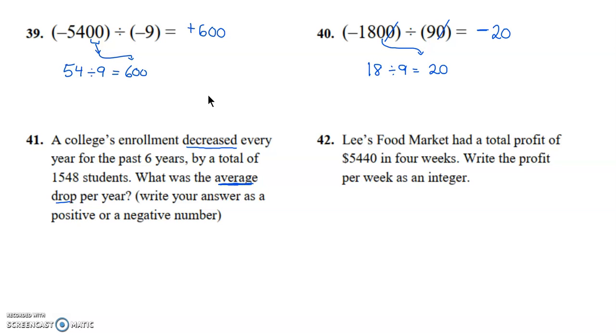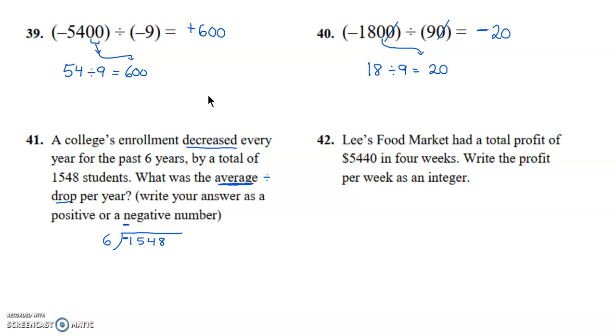And when we calculate average, we're going to be dividing. So we are going to divide 1,548 divided by 6, but this is not a positive 1,548. This is a drop of that. So we are going to be dividing a negative divided by positive years, because years can only be positive, really. So we're going to end up with a negative answer, and we can long divide now.